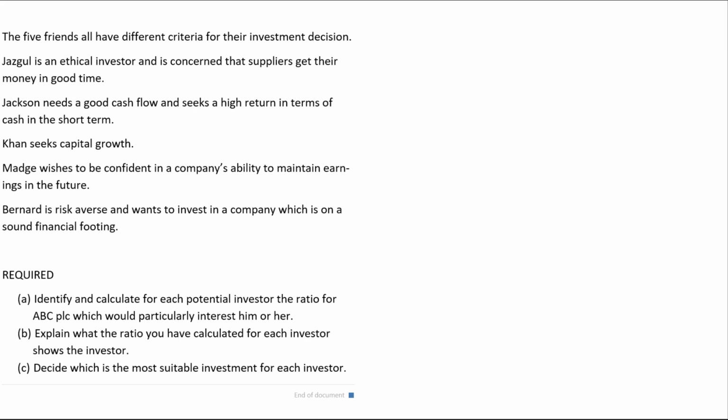Next, we see that Match wishes to be confident in a company's ability to maintain earnings in the future. Investor confidence is reflected in the P/E ratio, because this is a ratio which shows us how much the investors are willing to pay to buy one share of the company. So we will use the P/E ratio in the case of Match.